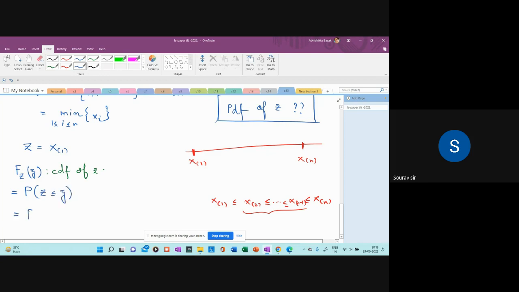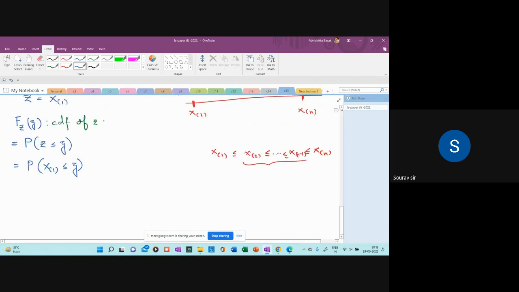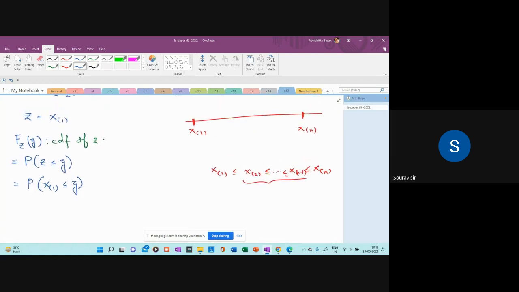In place of capital Z, let me replace X_(1) less than or equal to some small z. Now let us concentrate on this graph. Let me extend the left side a little bit; the right side is already extended.